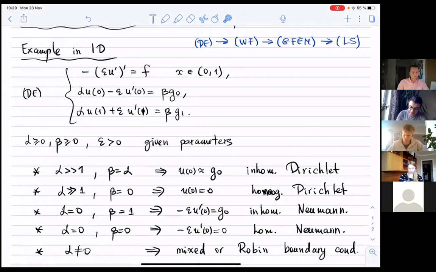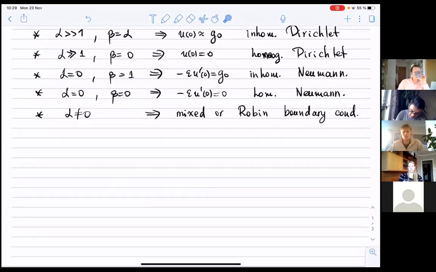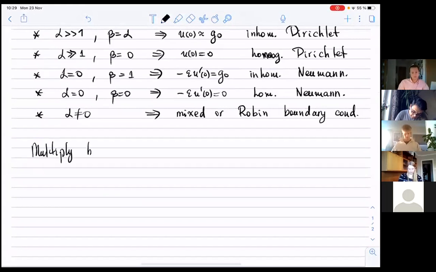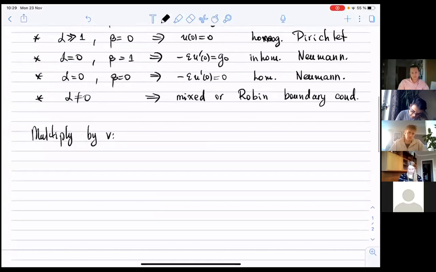a smooth enough function, because we want to integrate by parts and move one of the derivatives. At this point, we didn't decide what this function could be. And yeah, we get the following formulation. So we multiply by some v and integrate.